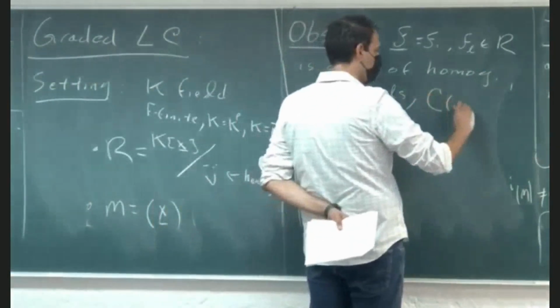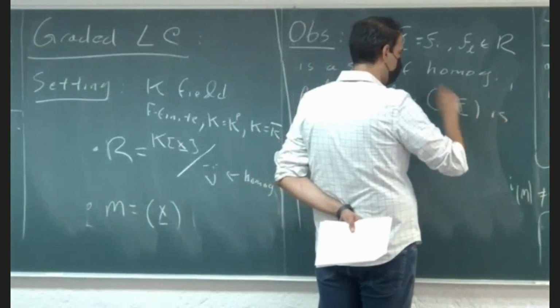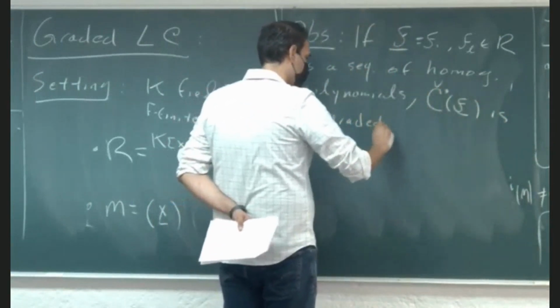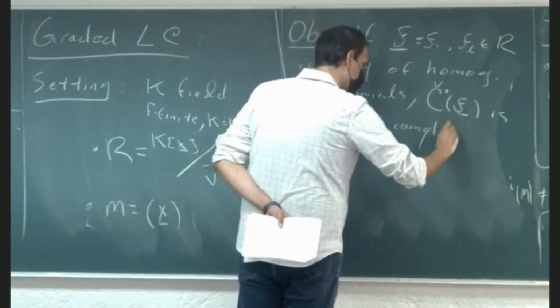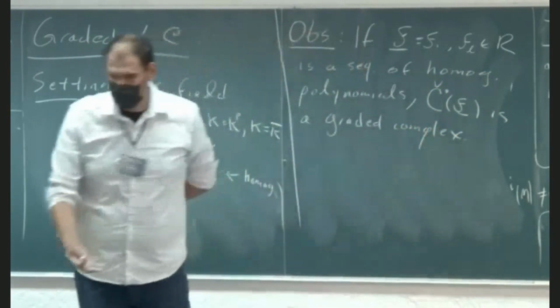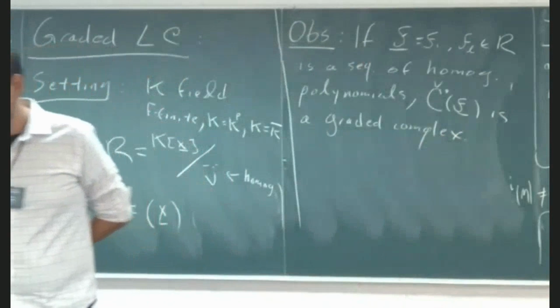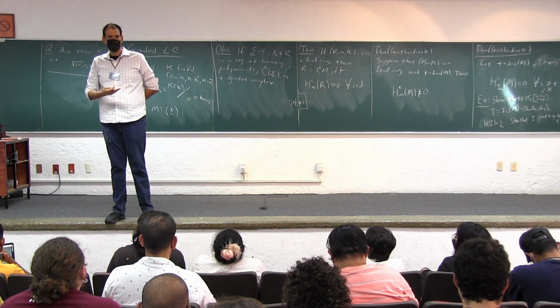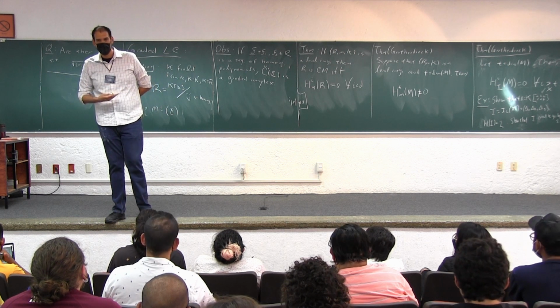So then the Čech complex is a graded complex, because localizations are graded, but also the localization maps are homogeneous maps, homogeneous of degree 0.